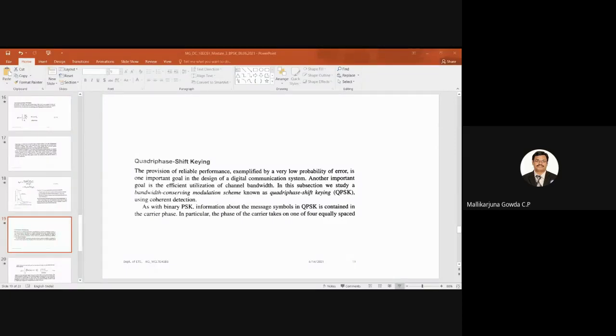That is one thing. Another important goal is the efficient utilization of the channel bandwidth. Okay, so this is very important. You all know how valuable the spectrum is, right? In that sense, efficient utilization of the channel bandwidth is an important goal we need to look into in the design of a digital communication system. So keeping that in mind, how do we utilize the available bandwidth as efficiently as possible?